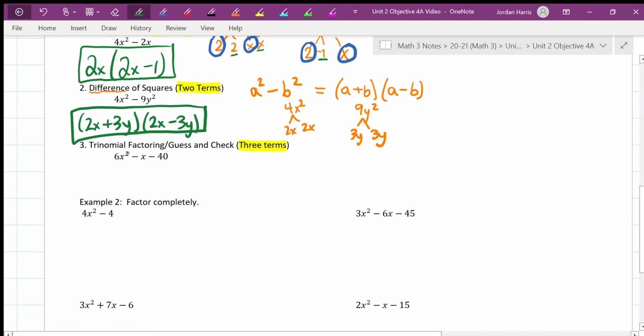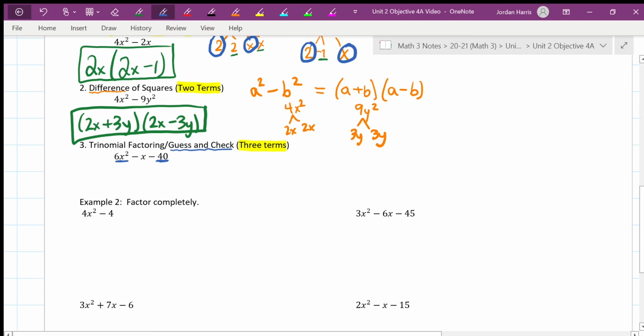All right, so we have 6x squared minus x minus 40. Where you start with trinomial factoring is looking at the breakdown of your first and last. And basically, you're trying to use these factors to create the middle term. Okay. This is called guess and check because that's what we do a lot of times for this.